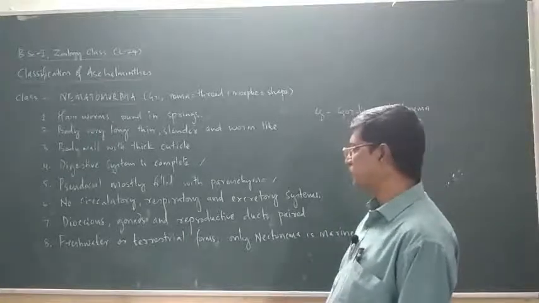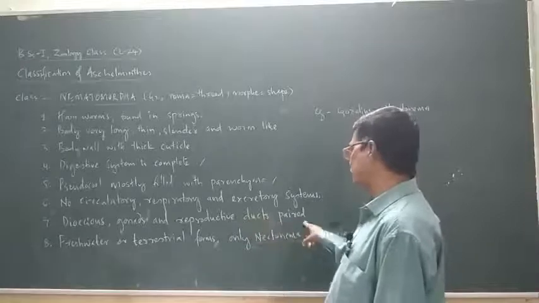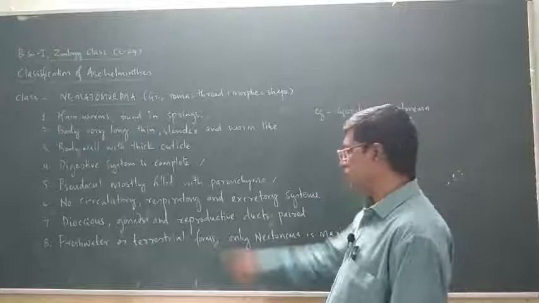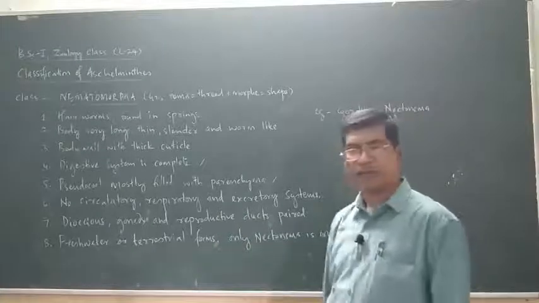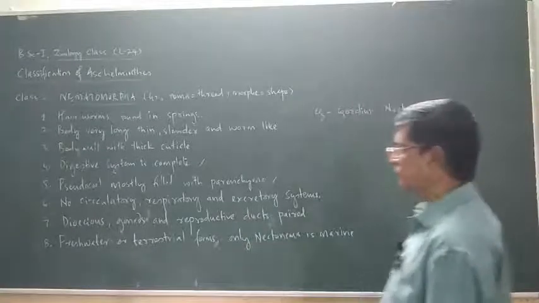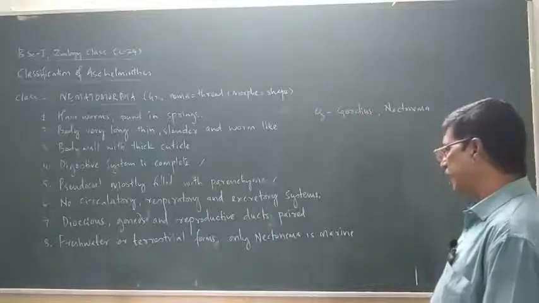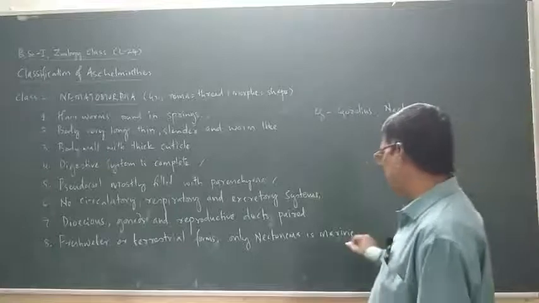Then dioecious, gonads and reproductive ducts paired. Sexes are separate. The gonads and reproductive ducts are paired. Then freshwater or terrestrial forms, only Nectonema is marine.